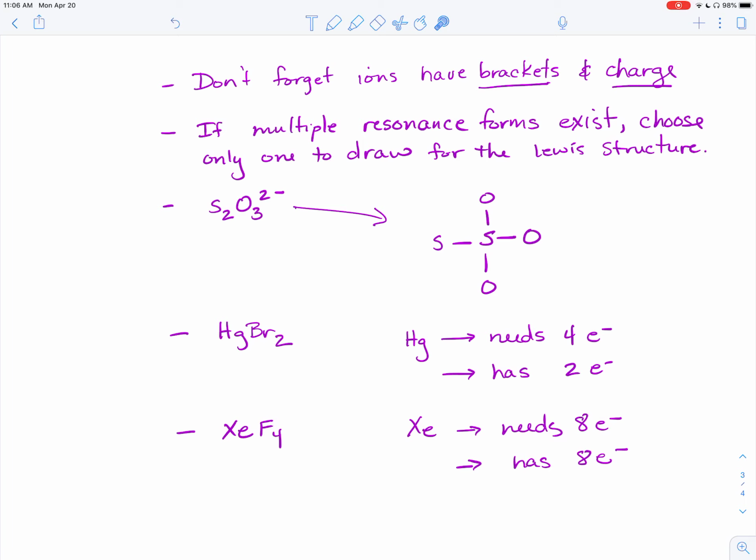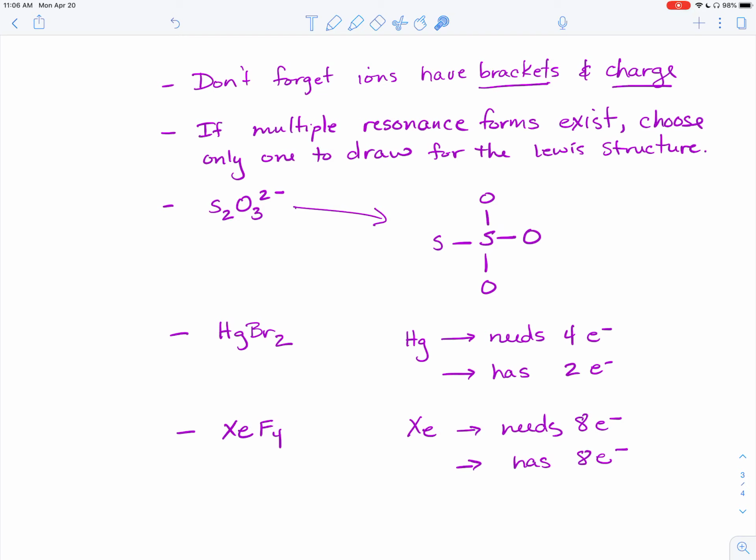So I need to tell you what the rules are for this particular element with regards to how many electrons it wants in its outer shell to be happy and how many valence electrons it has. So this guy does not follow the octet rule. Instead, it wants a total of 4 electrons. So on the N category for the NASA table, you would use the number 4 instead of 8. And the number of valence electrons it has is 2.